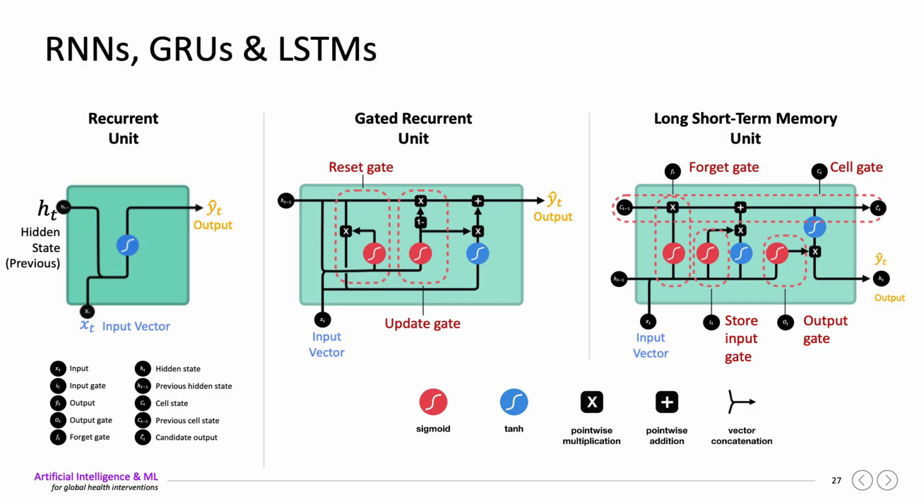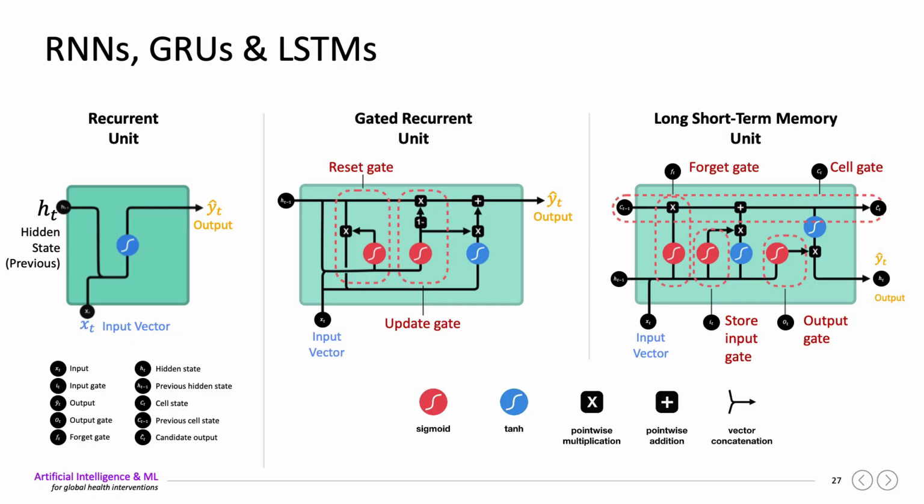In a vanilla RNN, the recurrent unit simply updates its hidden state at time t, using a nonlinear transformation of the current input xt and the previous hidden state h(t-1), with the output yt being the nonlinear hyperbolic tangent transformation of the weighted sum of inputs and previous hidden state, along with a bias.